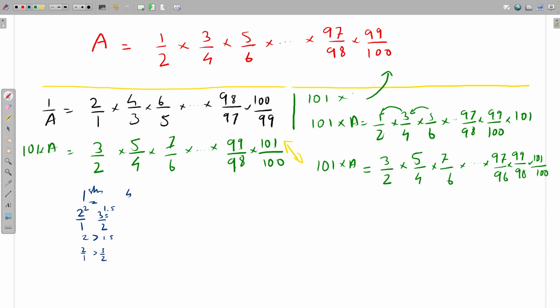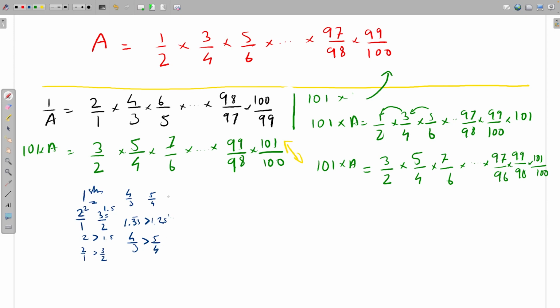Similarly, if we look into 4 by 3 and 5 by 4, what I can decide is 4 by 3 is going to be 1.33 equivalent, and 5 by 4 is 1.25, which means that is greater. So the second term in the first equation is greater than the second term in the second equation, which means that 4 by 3 is greater than 5 by 4.